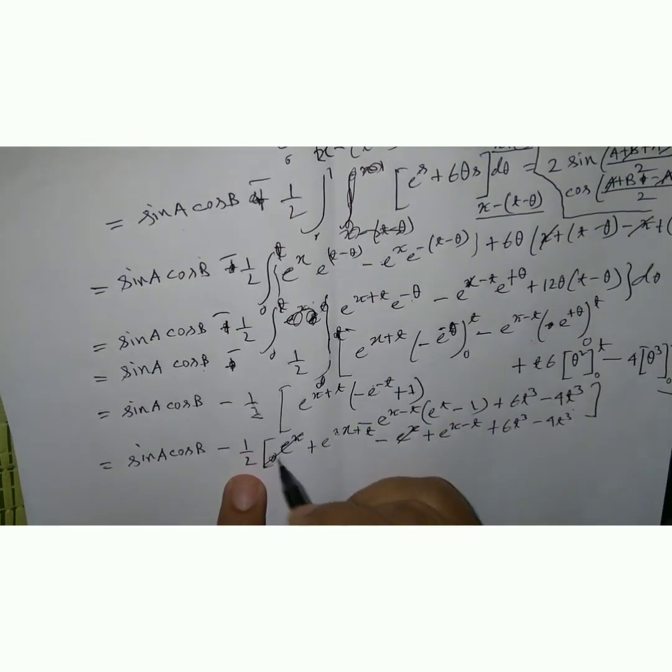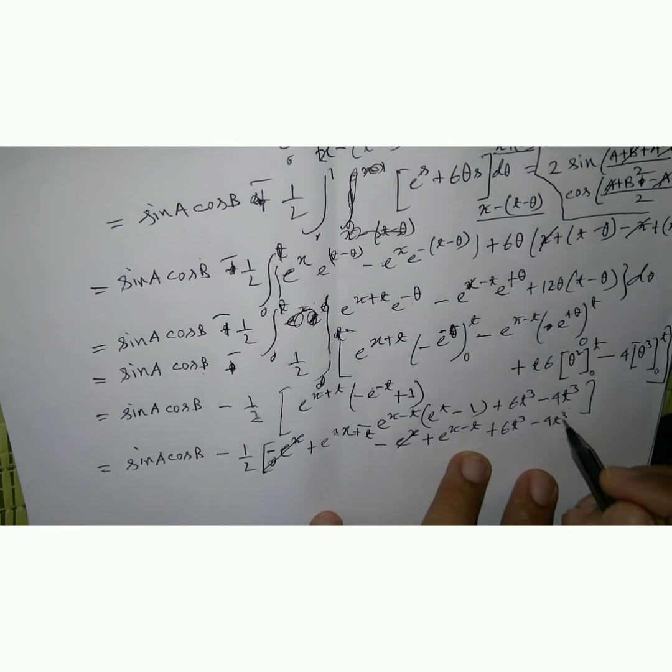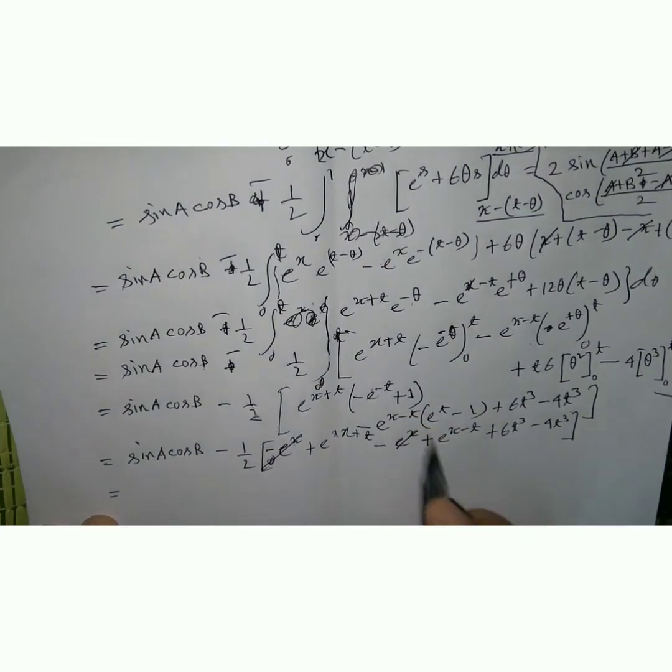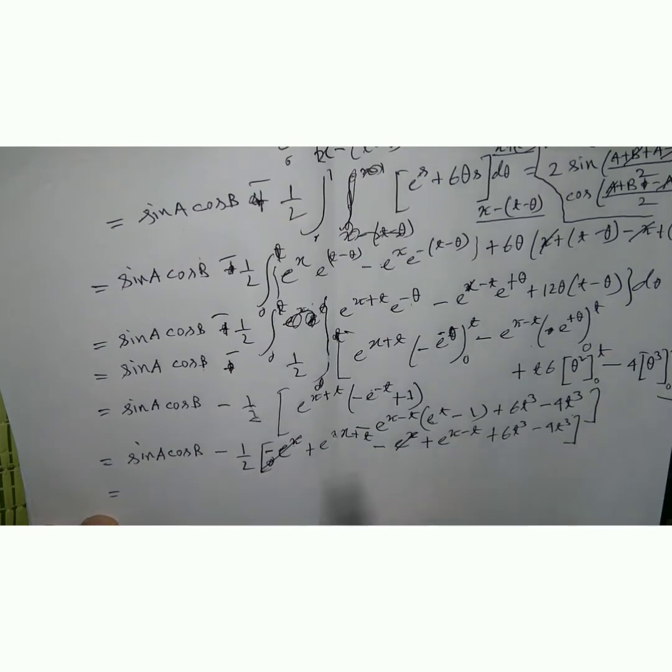Sorry, in here also minus e to the power x. Calculation is very 6t cube minus 2t cube, so it is not cutting because it is also minus.